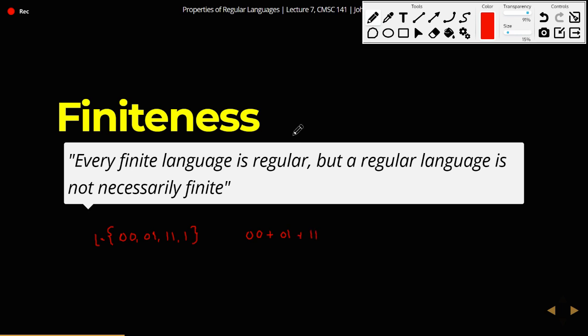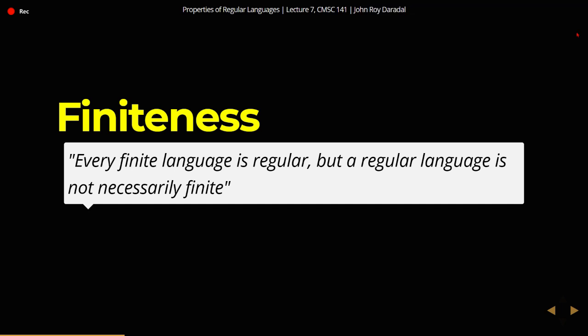Because we could enumerate them since it's finite. So this is already a valid regular expression, and therefore it's regular. However, a regular language is not necessarily finite, because there could be infinite regular languages, as we'll see in the later examples.